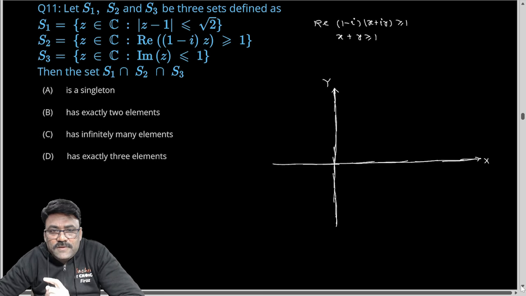See, the set S1 is the set of all the complex numbers having center at (1, 0), and radius of the circle is root 2, means slightly greater than 1. So this circle will be what? Radius is root 2, center is (1, 0). So this circle will be something like this.